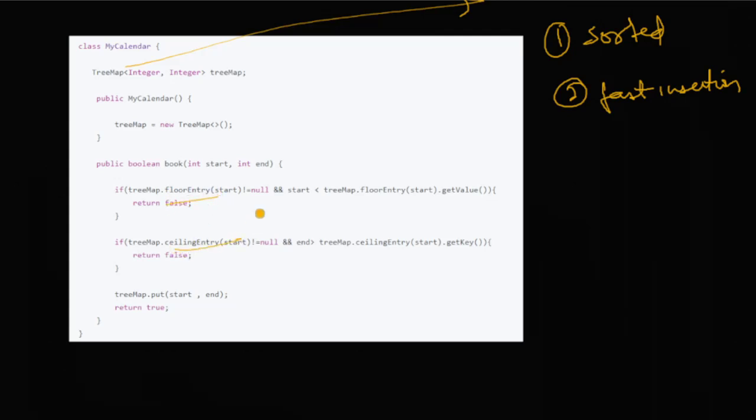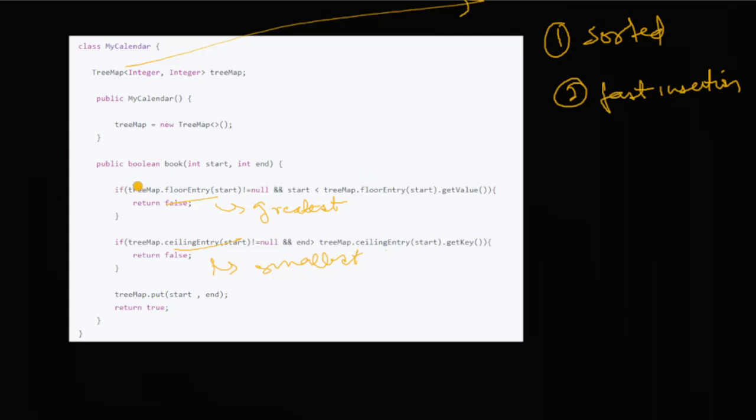So what is a floor entry and a ceiling entry in a tree map? That's what we need to know right now. See, what we are doing, we are checking that the floor entry of the start is not equal to null. So floor entry is actually giving us the key value mapping with the greatest. This gives the greatest and this gives the smallest.